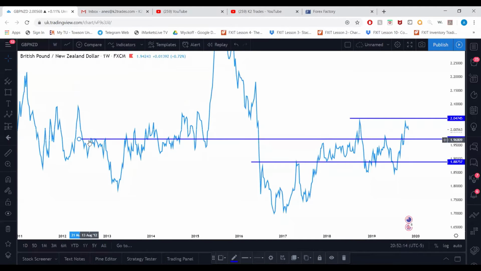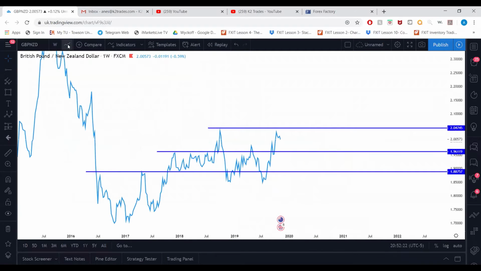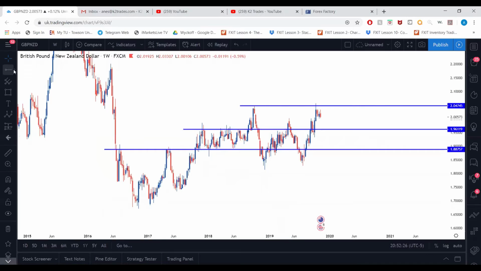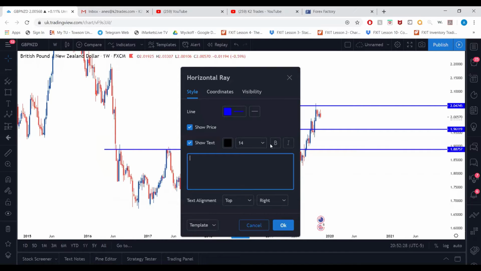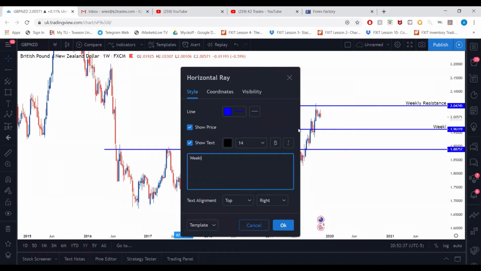Looks good here, but it's cutting too much over there, so I'm just gonna leave it right there. Yep, definitely like that. So those are our zones. Obviously, this is weekly resistance and current weekly support.